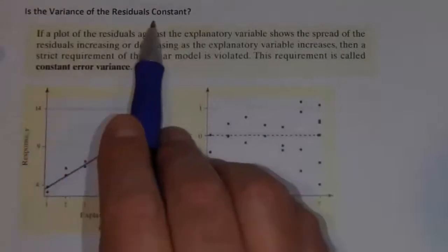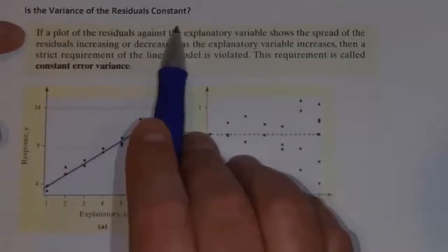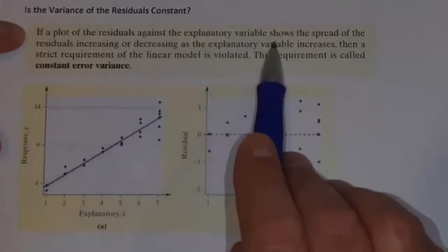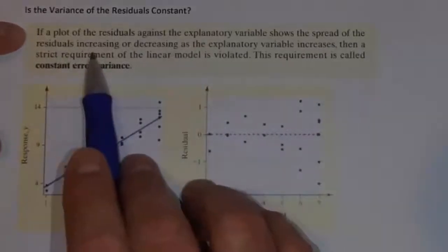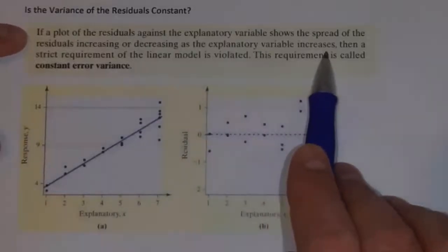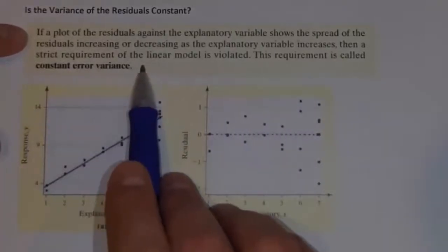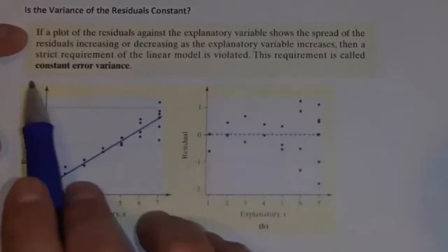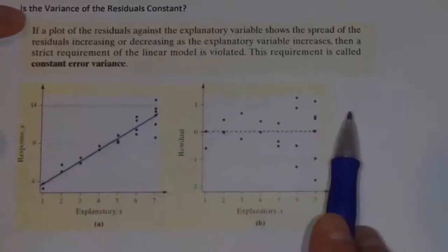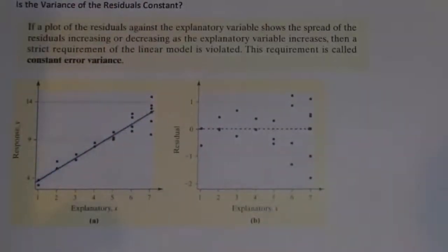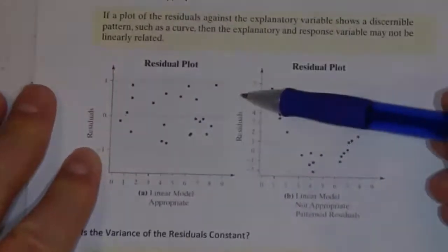Is the variance of the residuals constant? If a plot of the residuals against the explanatory variable shows the spread of the residuals increasing or decreasing as the explanatory variable increases, then a strict requirement of the linear model is violated. This requirement is called a constant error variance. So we have to have a constant error variance, which means, again, we want something like this.